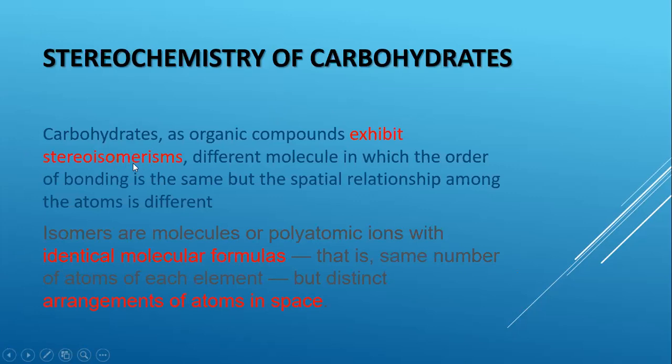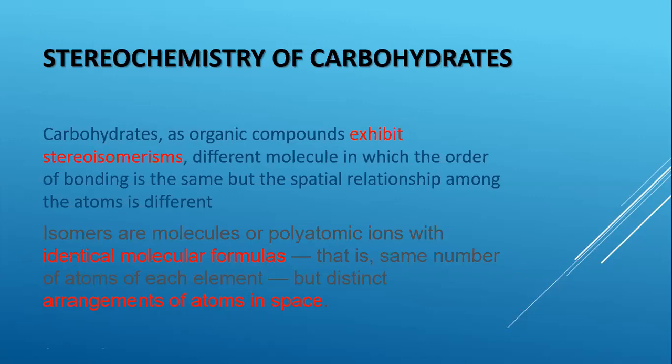What are isomers? From our organic chemistry, we know that isomers are molecules or polyatomic ions with identical molecular formula, but different arrangement of atoms in space.